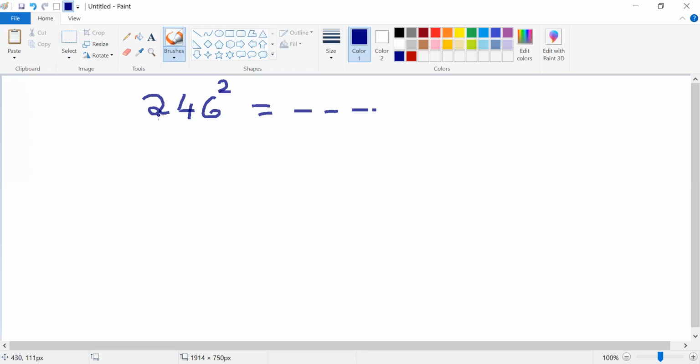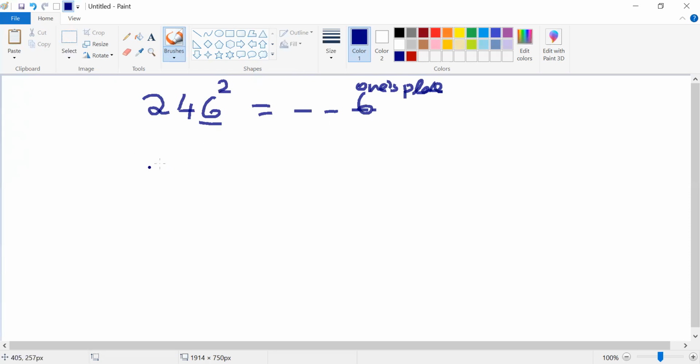No need for you to find the square of this number. We want only the ones place. What will be the ones place of its square? Since it is ending in 6, what will be the ones place of its square? 6 into 6, 36. So it will end in 6, is it? So the ones place will be 6.